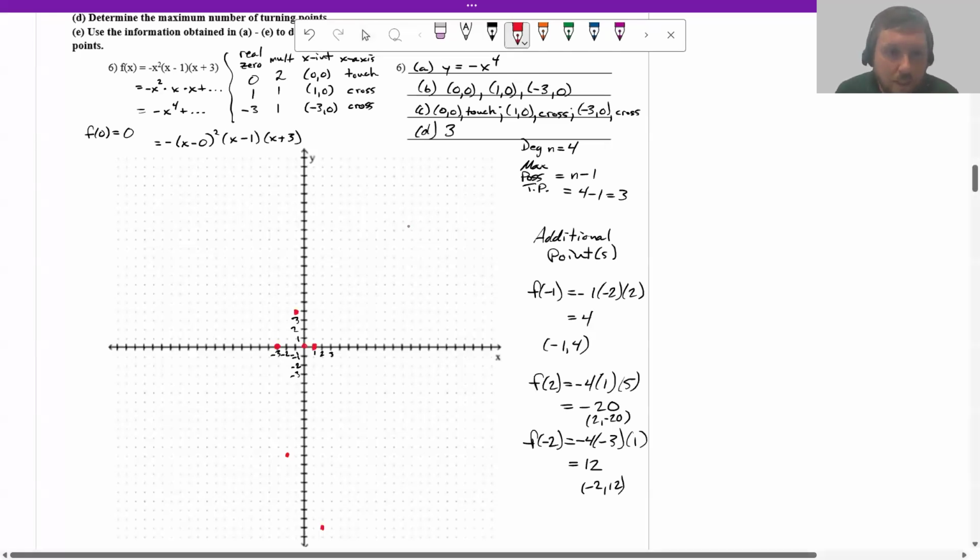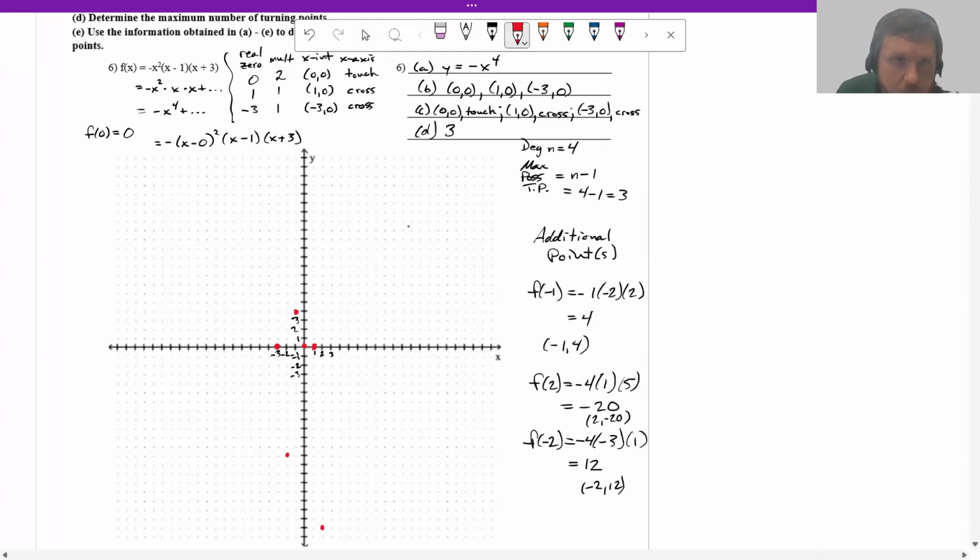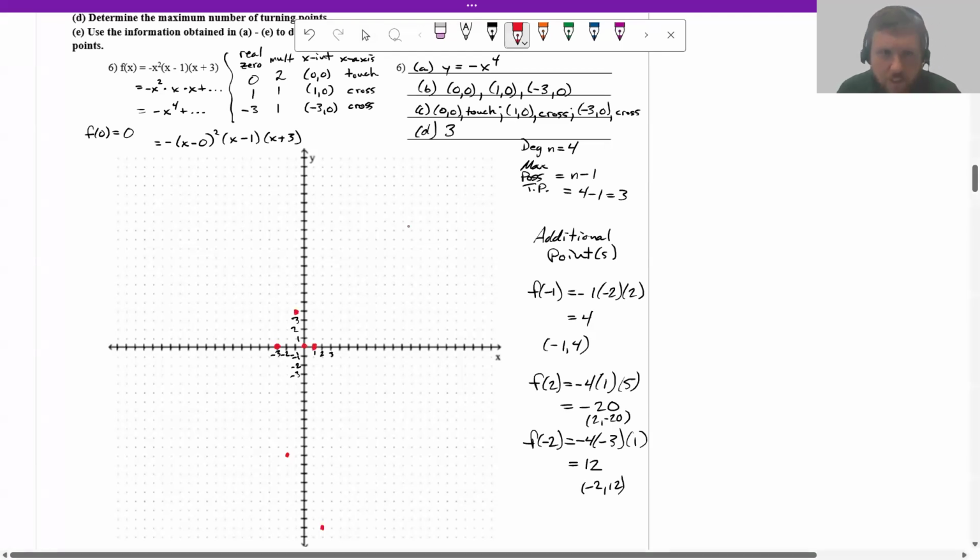So we know what the end behavior is supposed to look like. And we can certainly compute more points on this if we want, but we're already getting carried away.